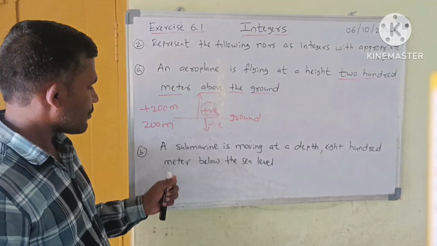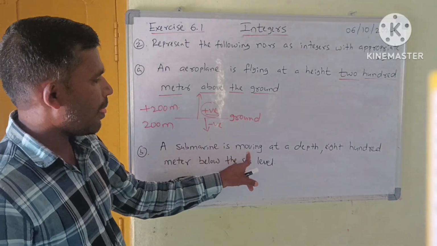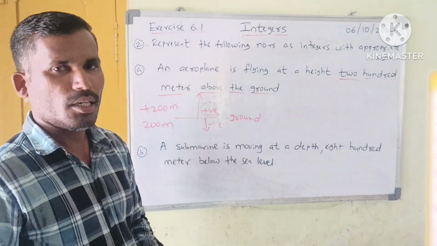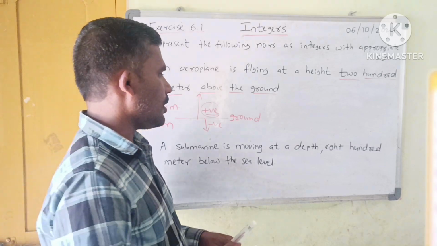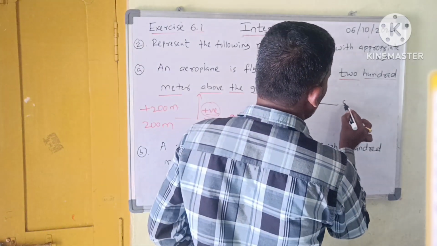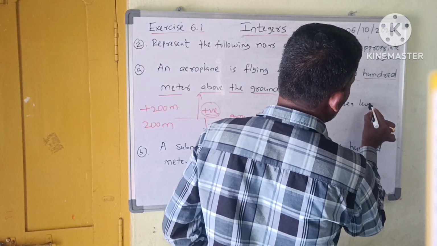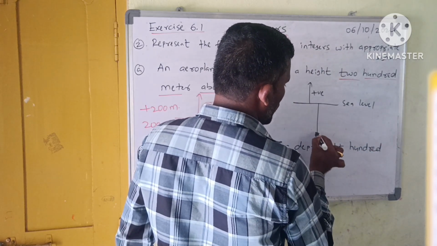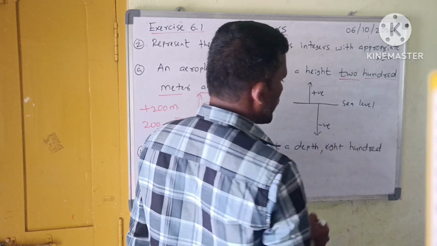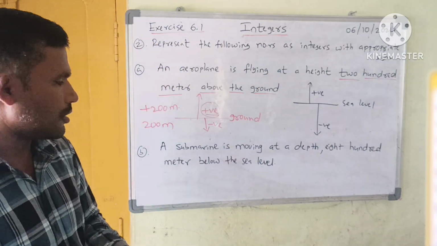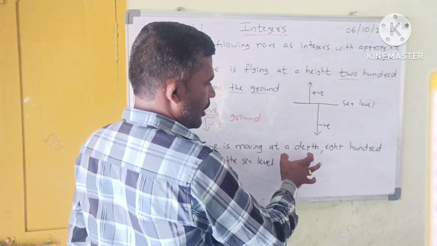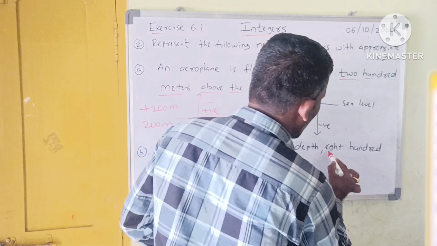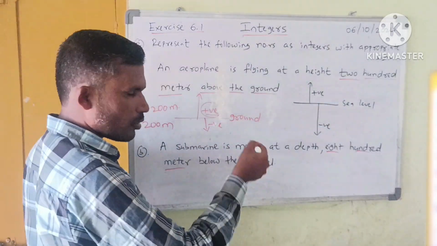The second: a submarine is moving at a depth of 800 meter below the sea level. For example, I am taking this as sea level. Above the sea level you have to take positive; below the sea level you have to take negative. Negative integers, positive integers. So it is moving at a depth of 800 meter below the sea level.